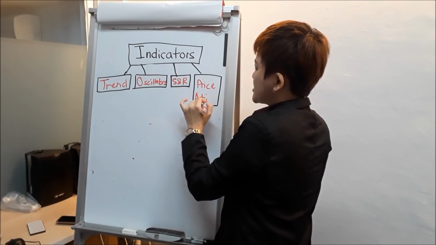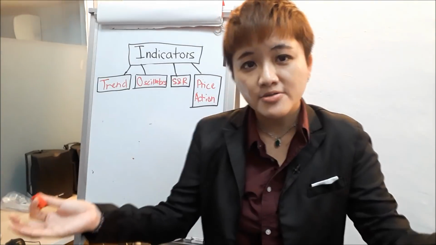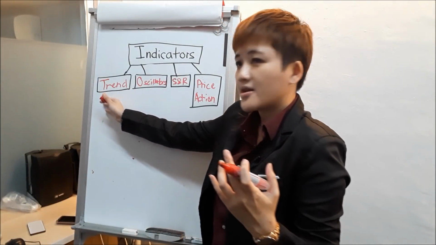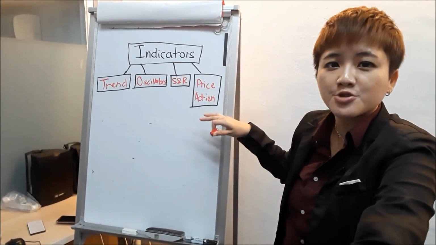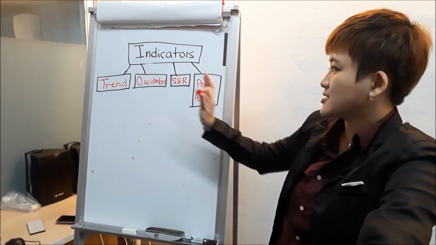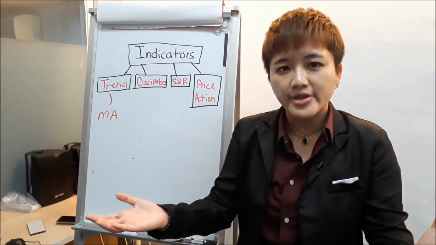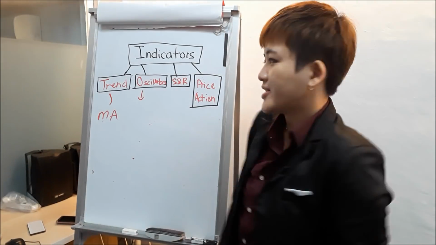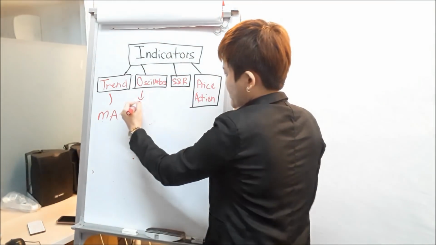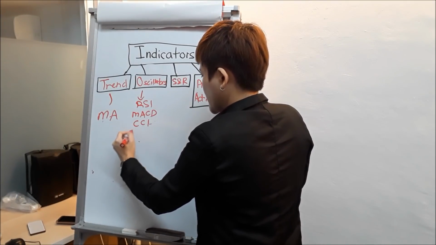Now I want to let you know that these are not mutually exclusive, because some trend indicators can be classified under oscillators. Some price action tools can be classified under support resistance. Trend indicators, example, moving average. Oscillators, some people further classify under momentum indicators, for example, RSI, MACD, CCI, stochastics.